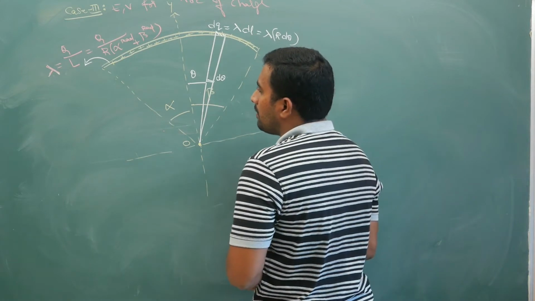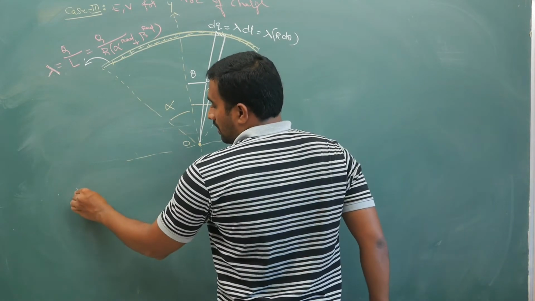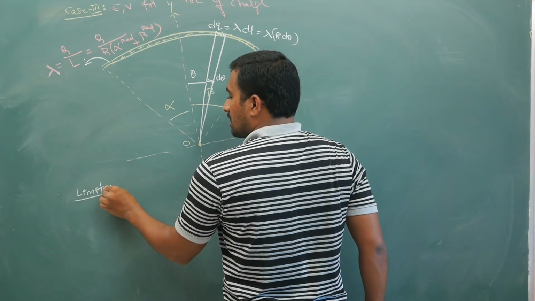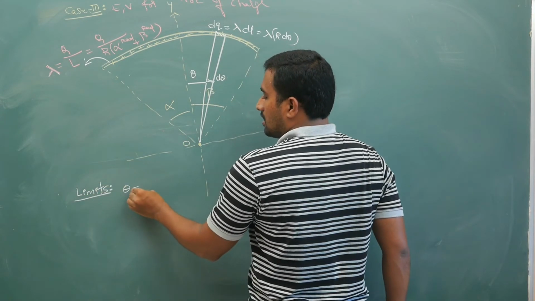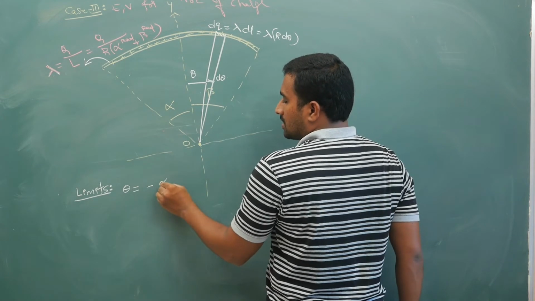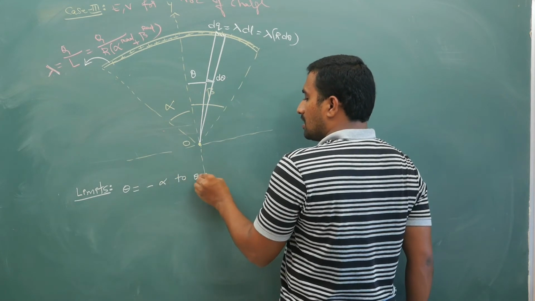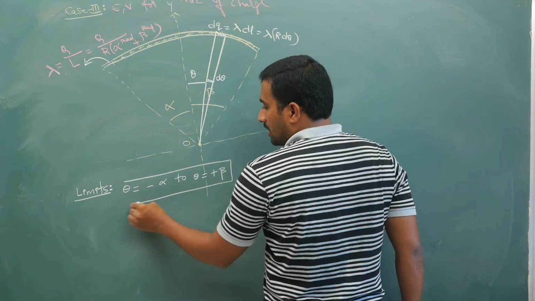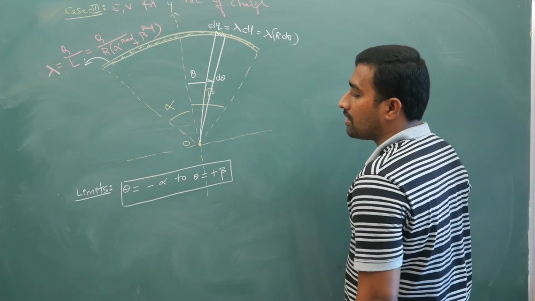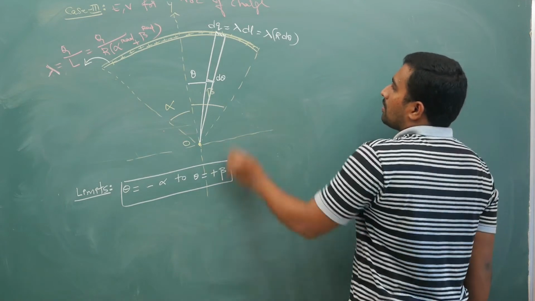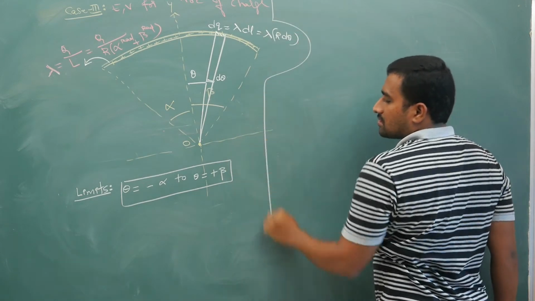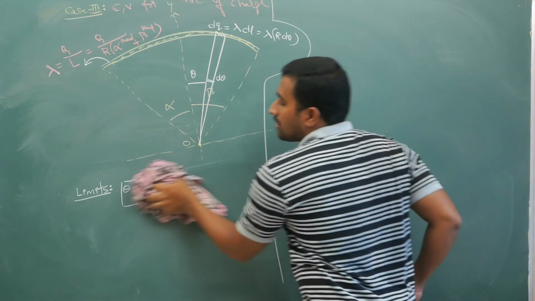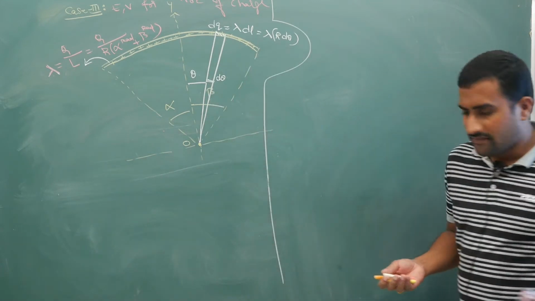Now coming to your limits, they are from theta equal to minus alpha to theta equal to plus beta. Your limits are like this, from minus alpha to plus beta. Now first thing, I need space, because even here this is a vector.